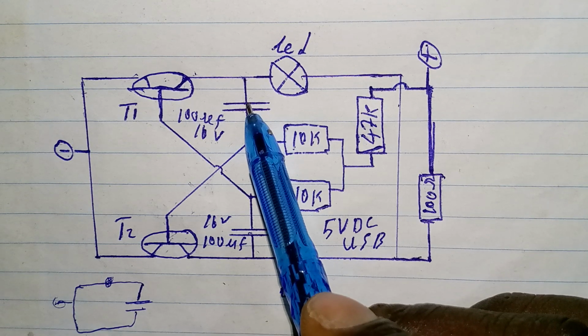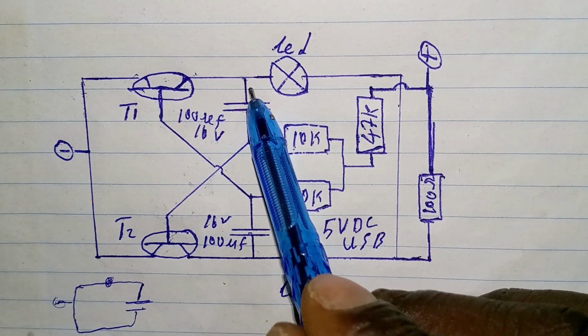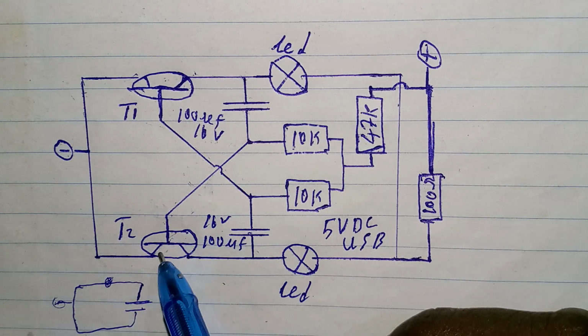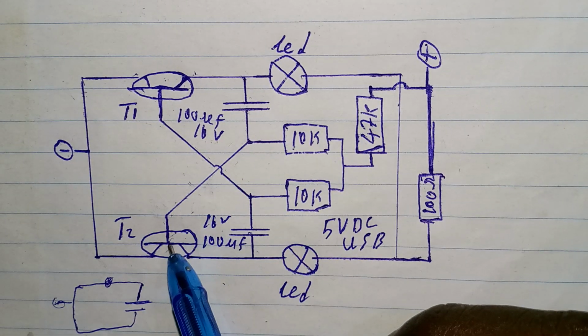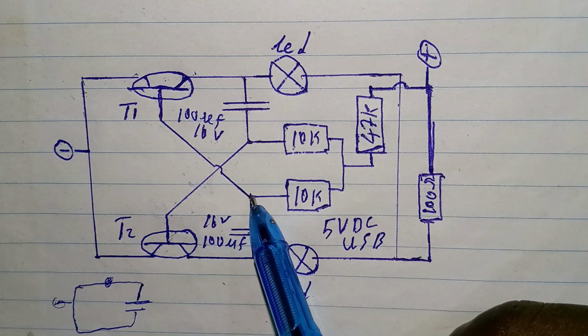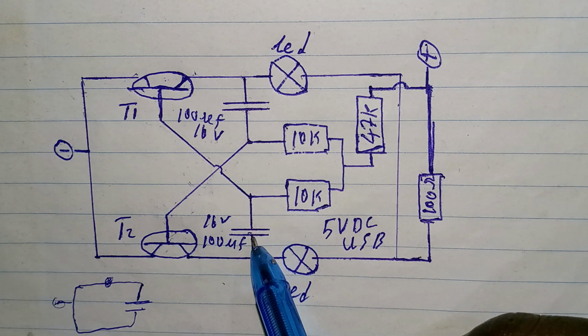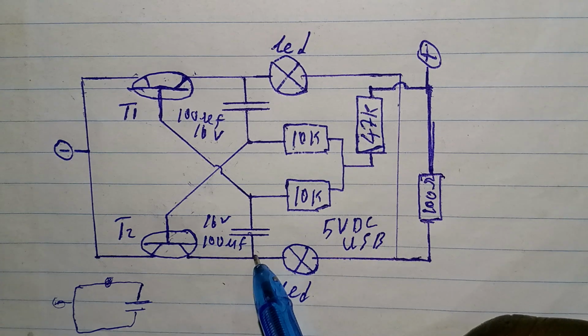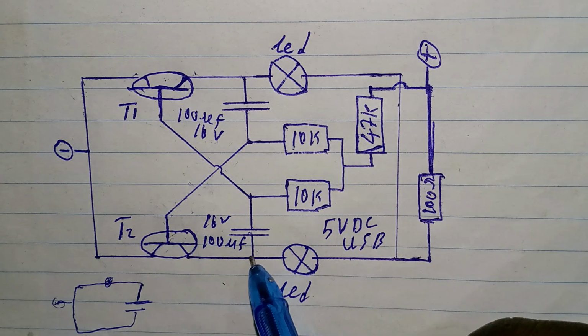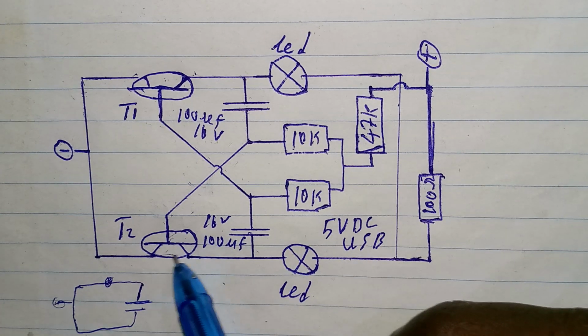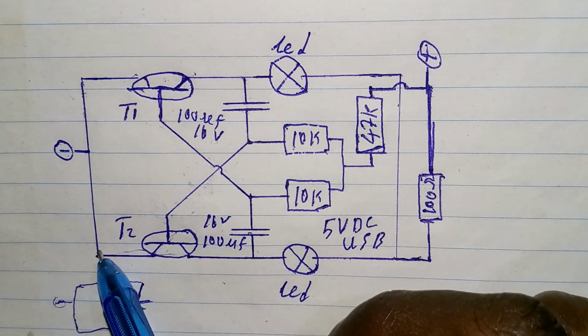When this capacitor is charged, it will block the voltage that will come in this way. And when this voltage that is moving here has switched on this transistor, this lead here is now moving this direction. It's like this is now connected this way to ground.